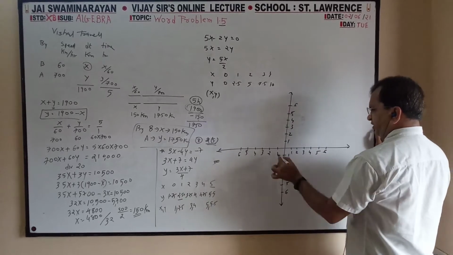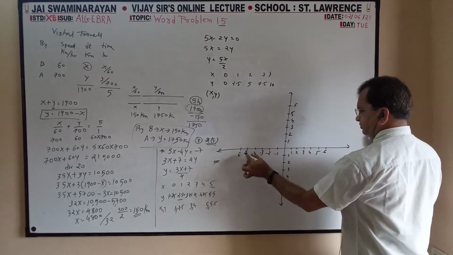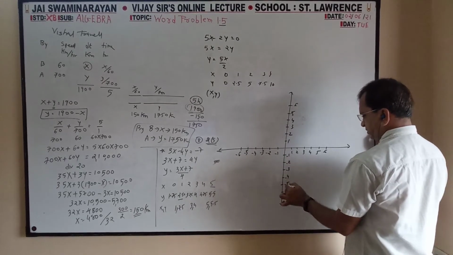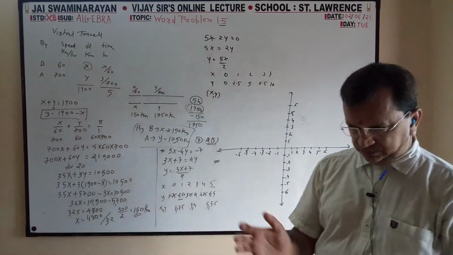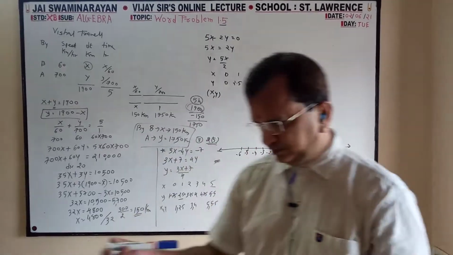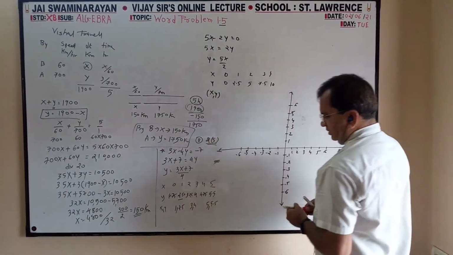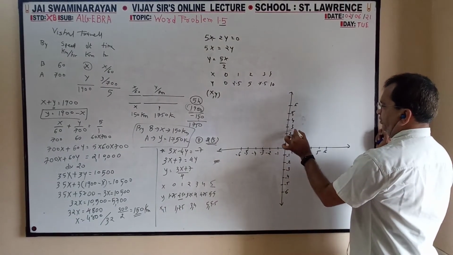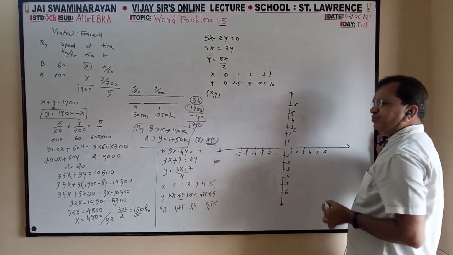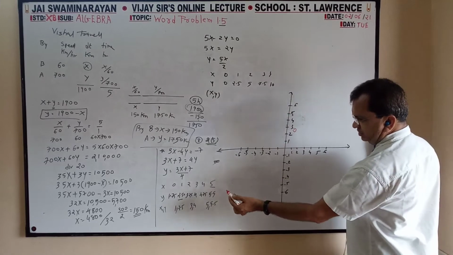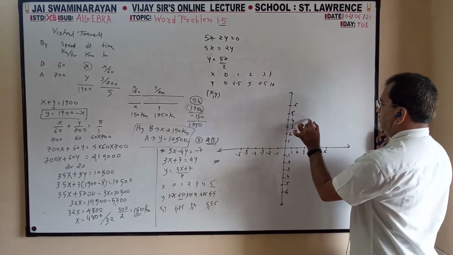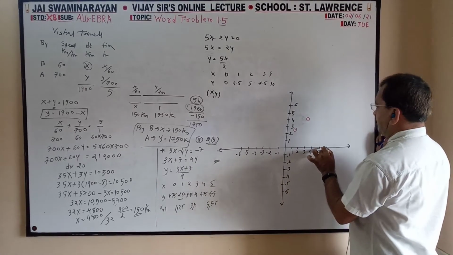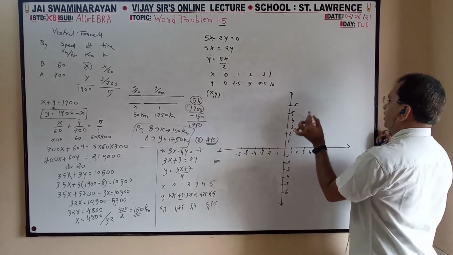Right side positive, left side negative. Upside positive, downside negative. Now take this 1 and 2.5. 2.5 means in between 2 and 3. Then 3 and 4, then 5 and 5.5.